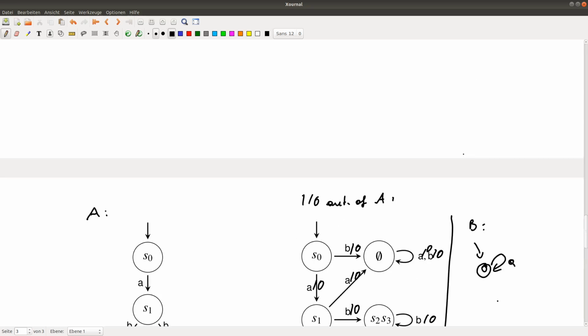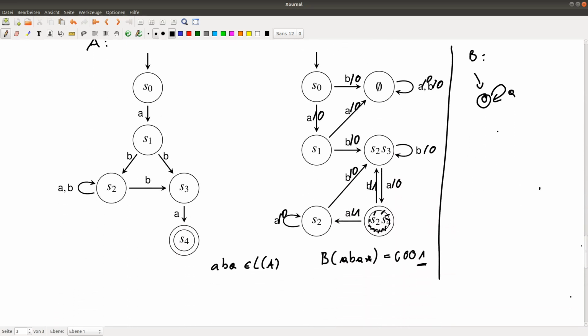And now what is the language of B? Now, the language of B is the empty word, A, and so on. So it consists of all the words that can be built from letters A, including the empty word.